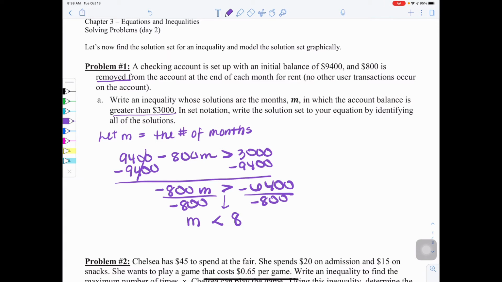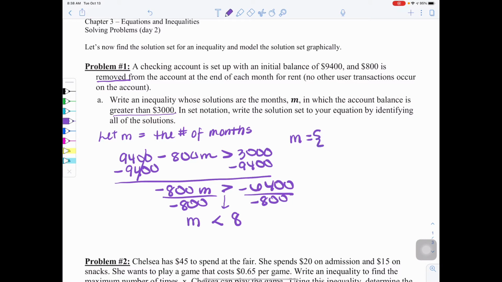Okay. It says in set notation, write the solution set to your equation by identifying all of the solutions. You have two choices when it comes to this. We're talking about number of months. It says M is less than 8, but we know we can't go into negative months. So one option would just be to list all your possible answers, since it is only a few.